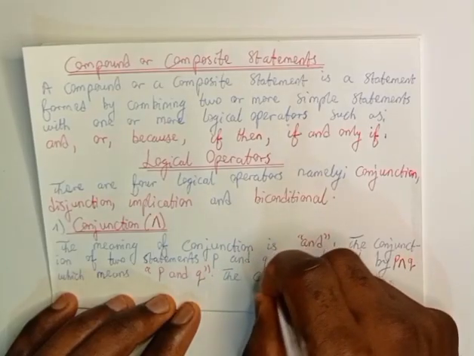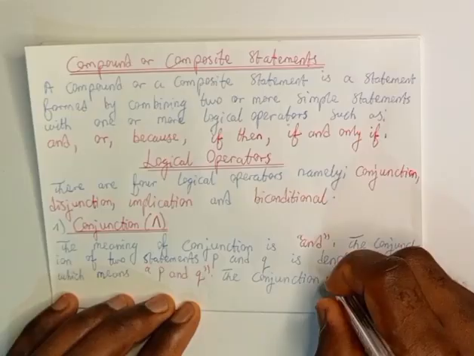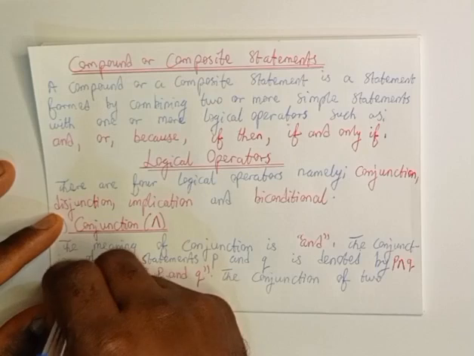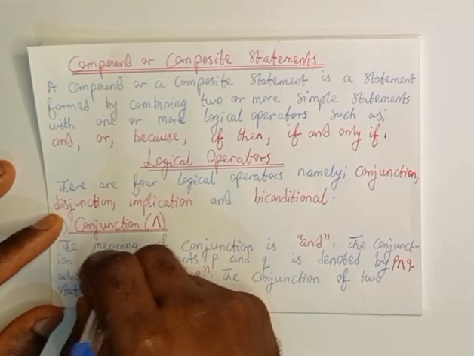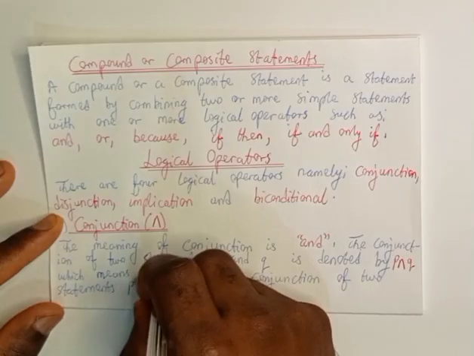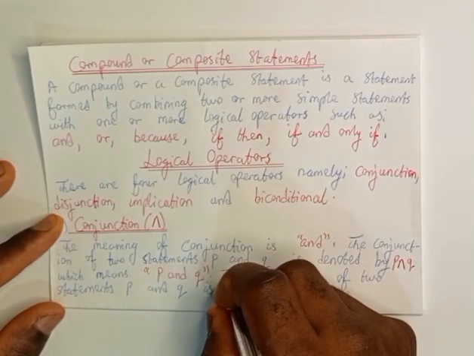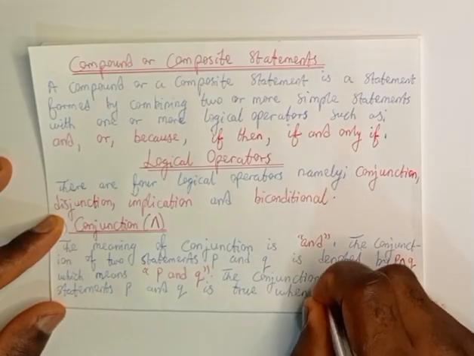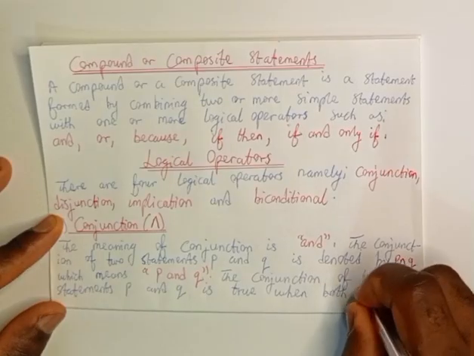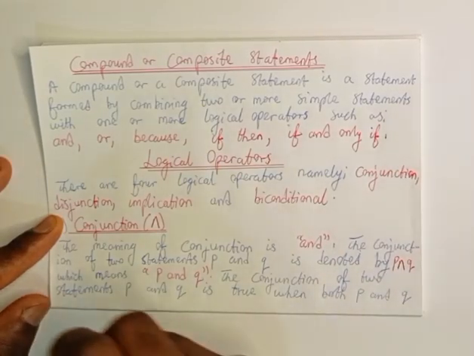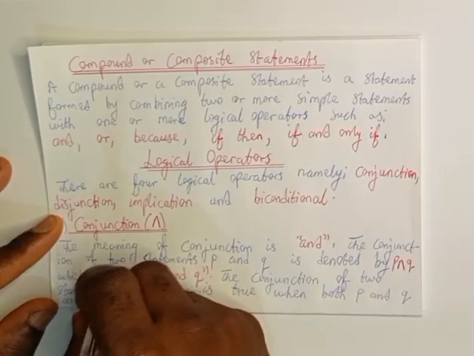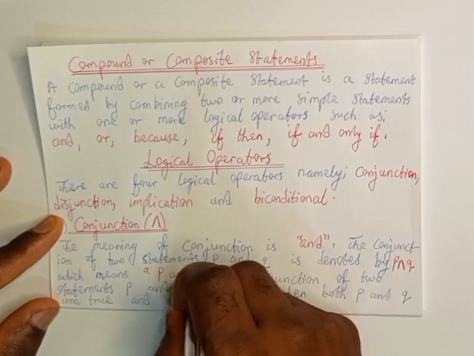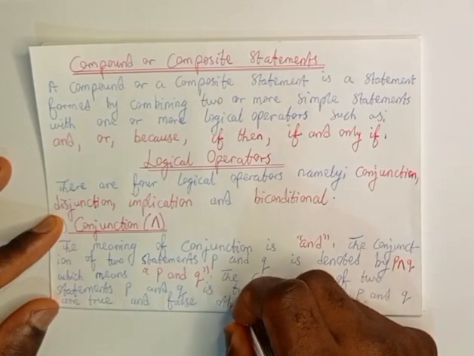The conjunction of two statements P and Q is true when both P and Q are true, and false otherwise.